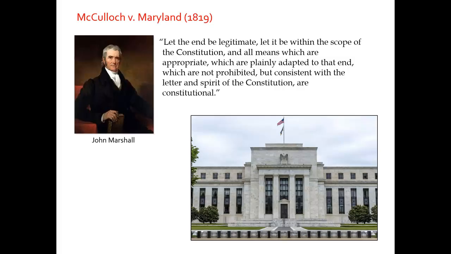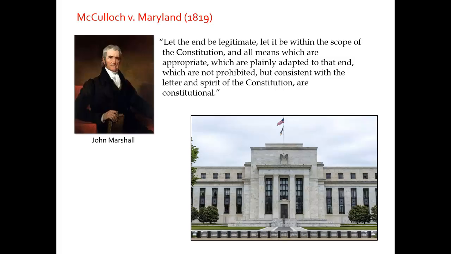So that wound up before the Supreme Court, and John Marshall, who was a Federalist himself, ruled in this case that, let the end be legitimate, let it be within the scope of the Constitution, and all means which are appropriate, which are plainly adapted to that end, which are not prohibited but consistent with the letter and spirit of the Constitution, are constitutional.